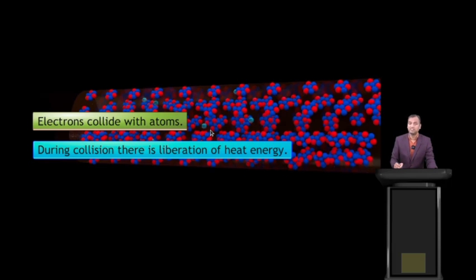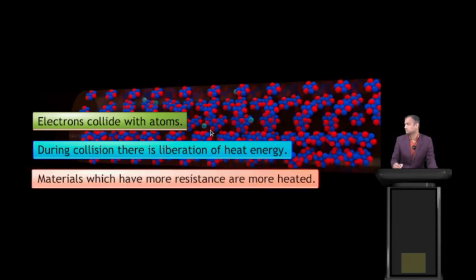I think now you have understood why electrical appliances produce heat. Either it is an electrical bulb, mixer grinder, or a fan or TV or anything, they all produce heat. Materials which have more resistance are more heated.